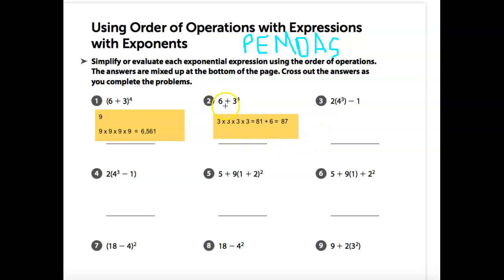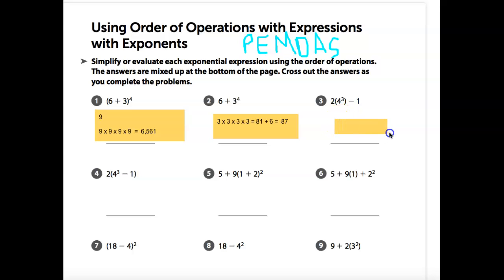Okay, so remember on these, you have to do the order of operations. So you're going to do exponents first. Okay, over here we did parentheses first. So over here, we have to do the exponent first.